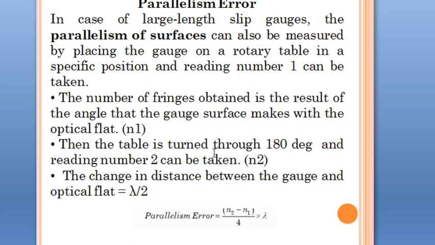Then the table is turned through 180 degrees and reading number 2, N2, is taken. We are checking the parallelism error. Therefore, N2 minus N1 divided by 4 into the wavelength of the light. The change in distance between the gauge and the optical flat equals lambda by 2.